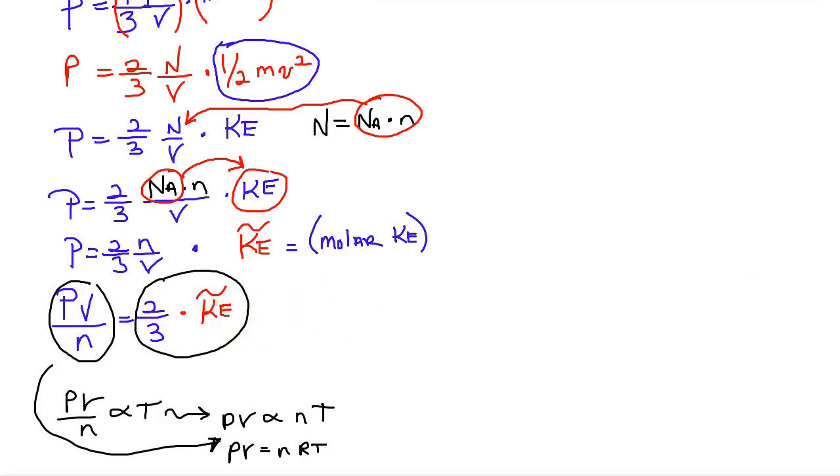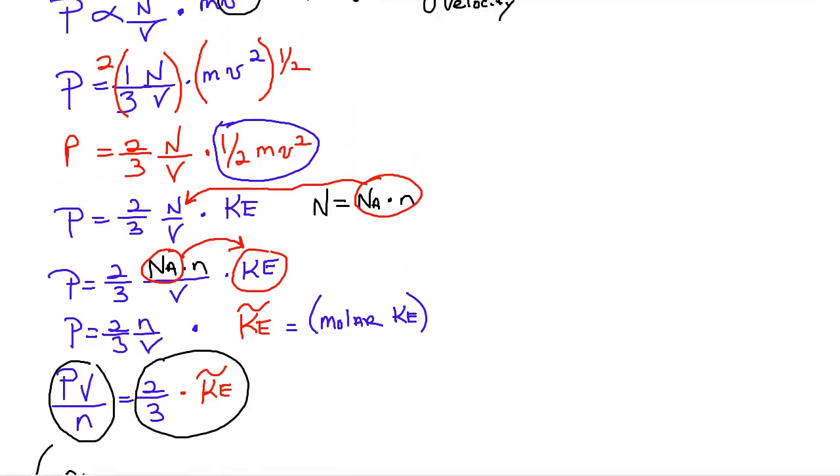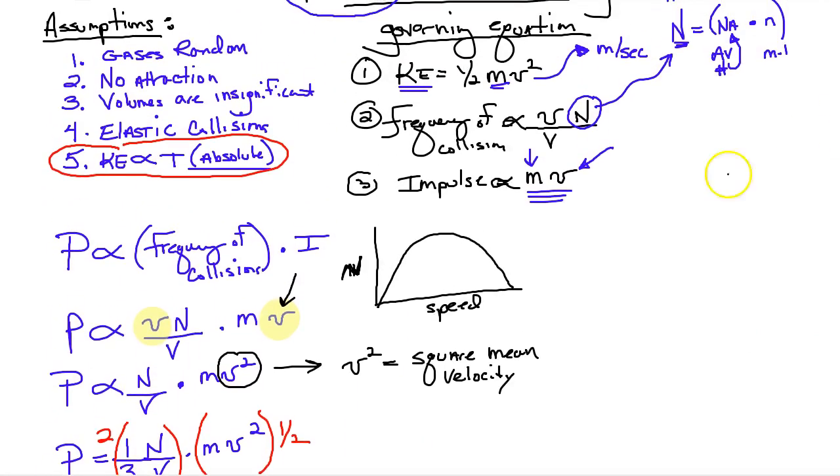And so 2/3 times kinetic energy squiggly, write that right up here. 2/3 times kinetic energy squiggly is proportionate to temperature. Now to get this equal sign, we add the universal gas constant into here.